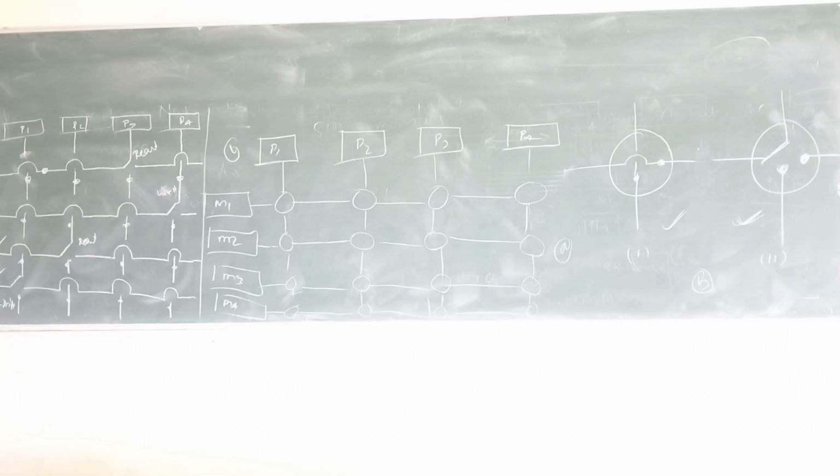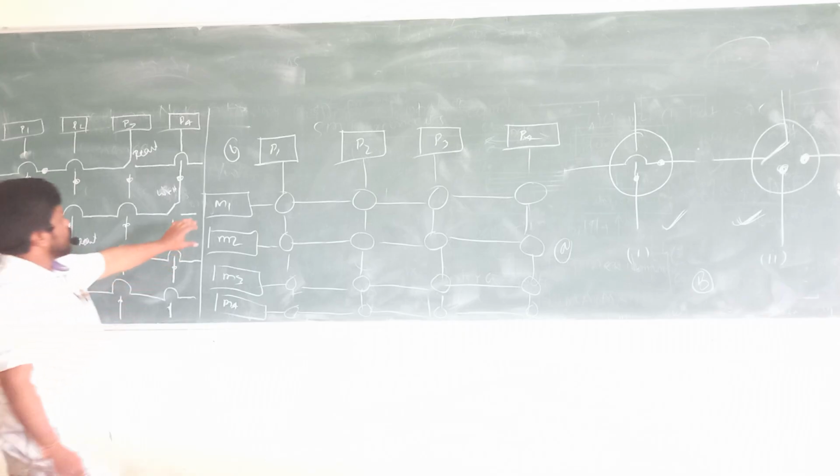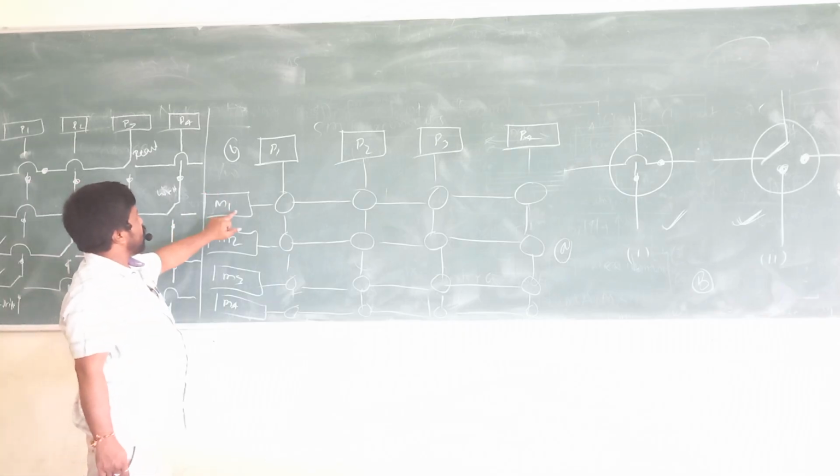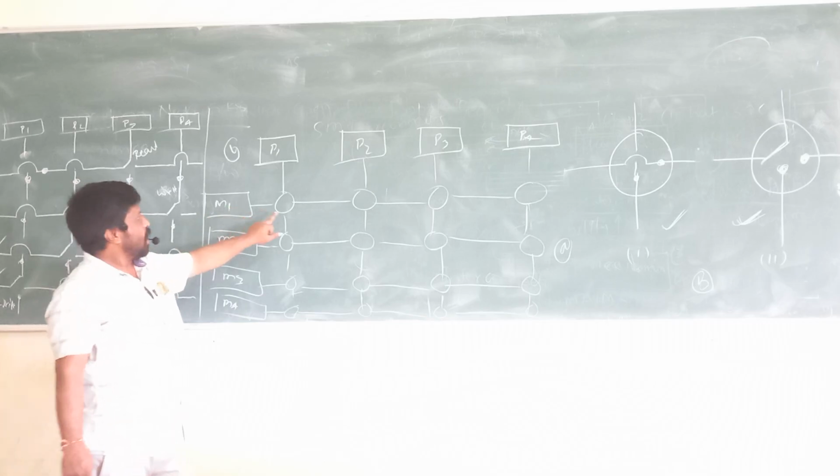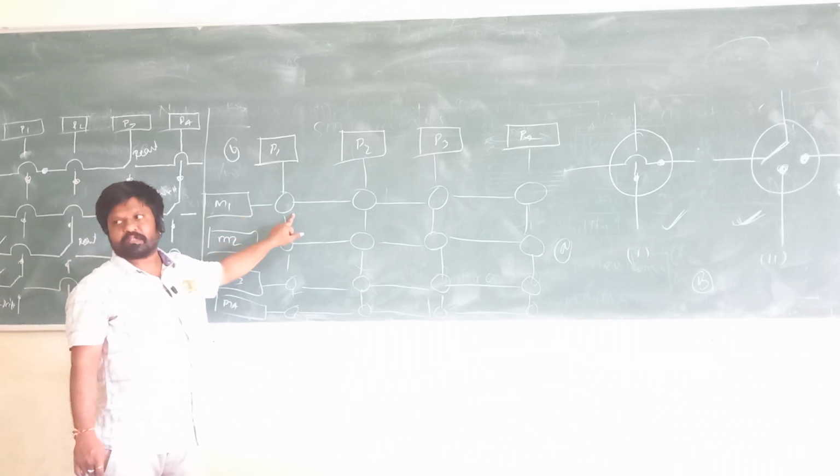Circles are the switches. Lines are bidirectional, squares are cores and memory modules, and circles are the switches here.